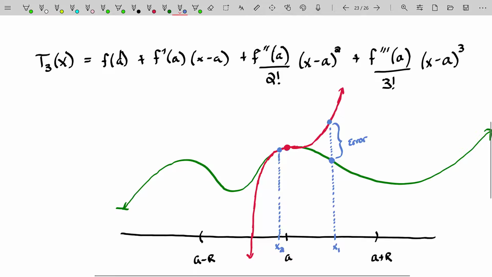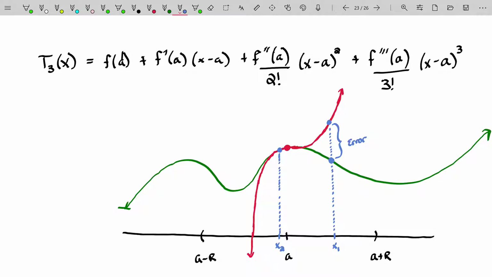So when I talk about what is the error in our Taylor polynomial expansion, or in this case, our third degree Taylor polynomial expansion, I really mean on a given interval, what's the maximal error that you can expect? And that given interval is generally defined by an inequality that looks like this. The difference between x and your center is less than d.